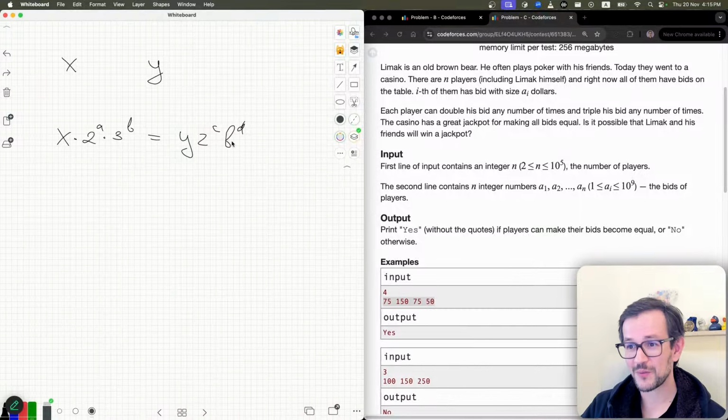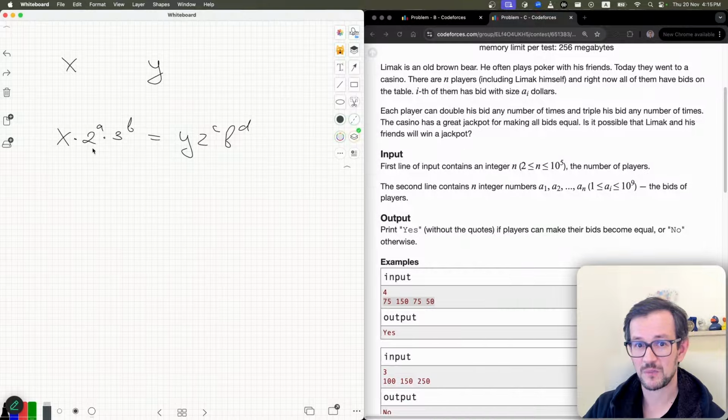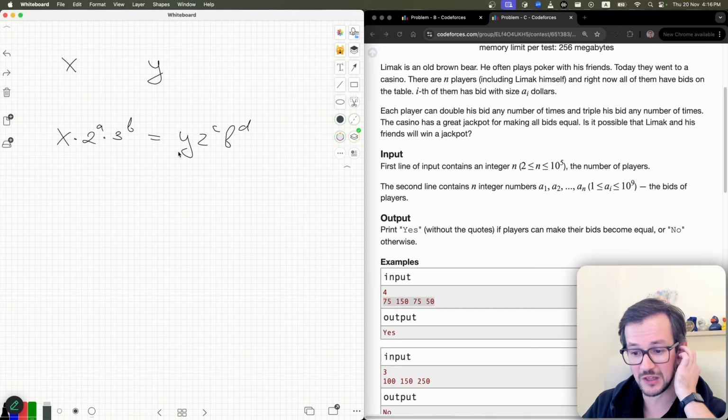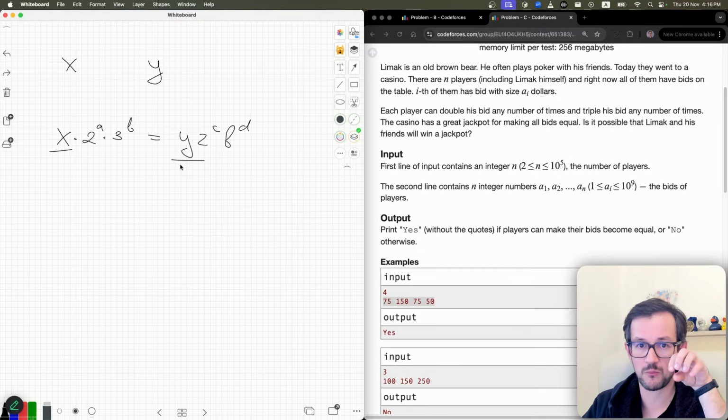Now, how do you think? Since this problem is about powers of 2 and 3, it should be something about prime numbers. So we multiply only by prime numbers 2 and 3. Let's look at these numbers x and y. They also contain some prime divisors 2 and 3 inside of them.